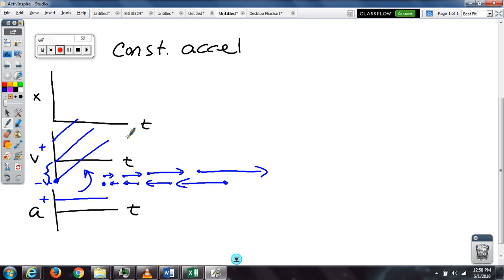Using the money analogy, the velocity could represent money and the acceleration represents the rate at which you earn or lose money. So if you have a positive rate, then that means you're gaining money over time. So the way you would explain it is that you start out with no money, even less than that, you're in debt.